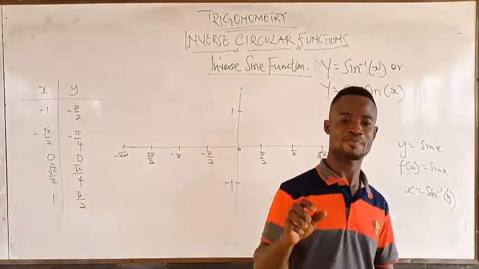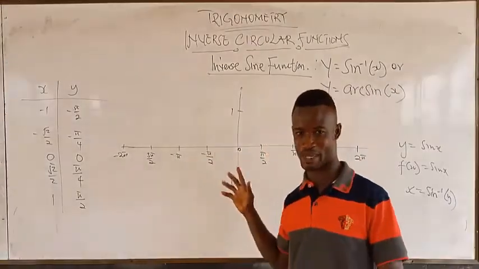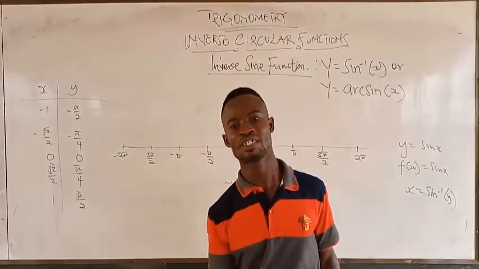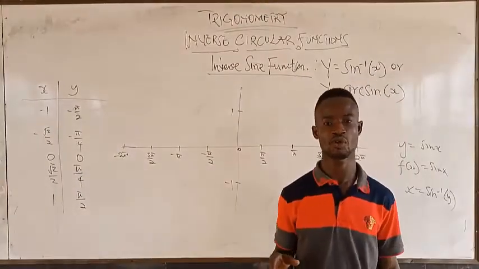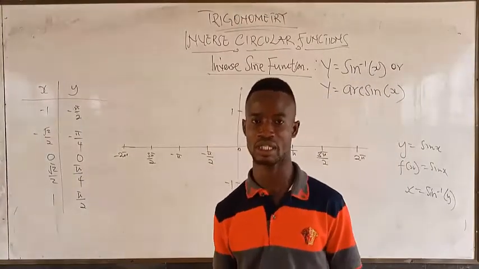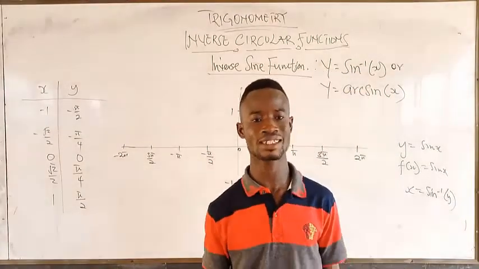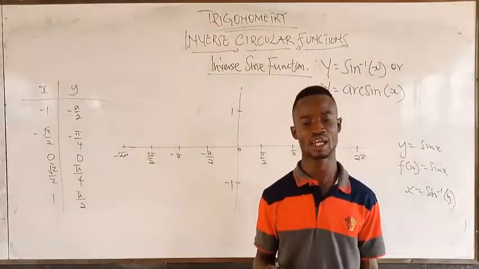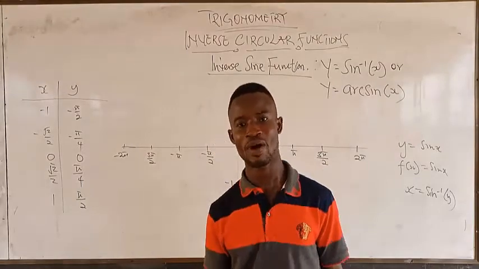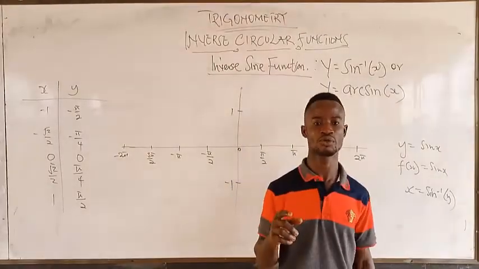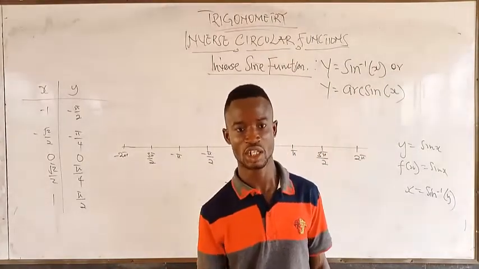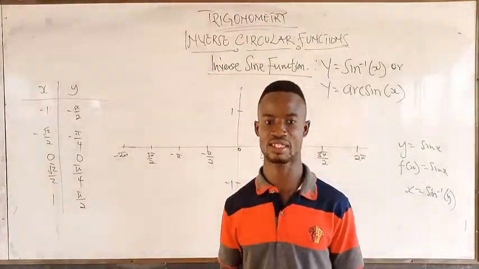Alright, now don't focus on the board for now. Please, before we start everything, I would like to give you these points. That is, what is the criterion that we use to define a function to have an inverse?